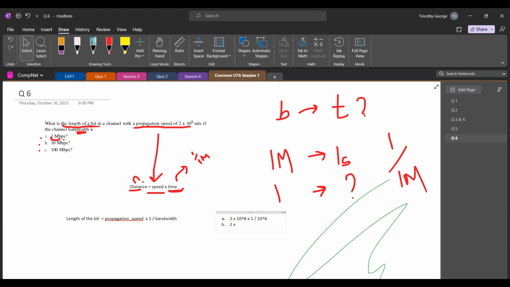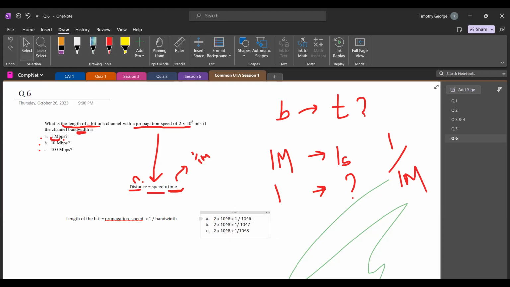Second one would be 2 into 10 to the power 8 into 1 over 10 Mbps, so you have 10 to the power 7, right? So 10 raised to the power 6 into 10. And the last one, 10 raised to the power 8, 1 by 10 to the power 8. That's all. Those are the answers.